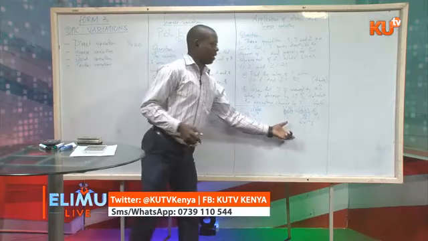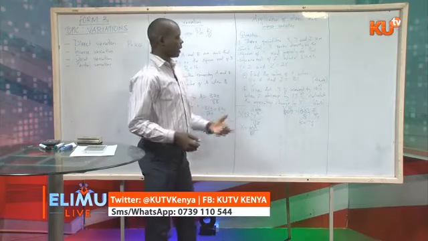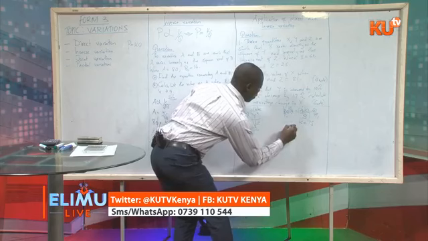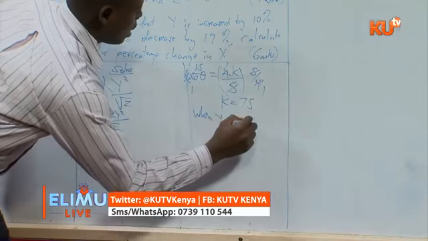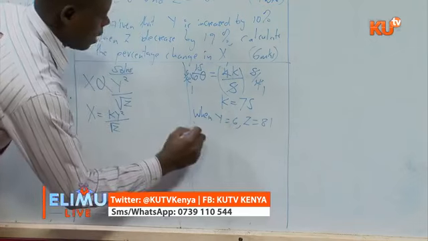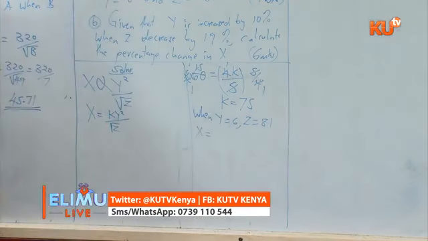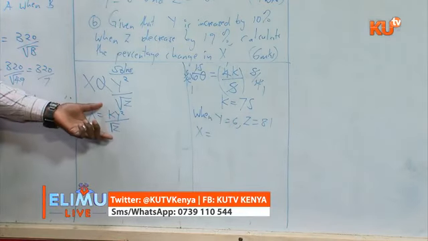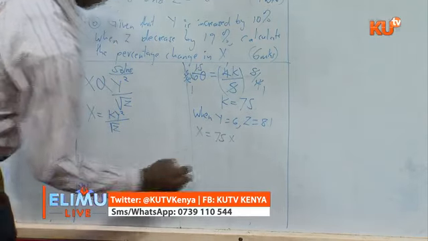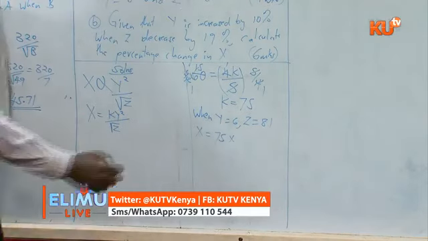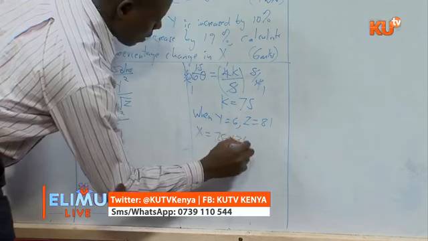Now, once we have k, then we get the value of x. When y is 6 and z is 81, then x becomes, we replace in this equation our k, which is 75, multiplied by y squared, that is 6 squared, which is 36.